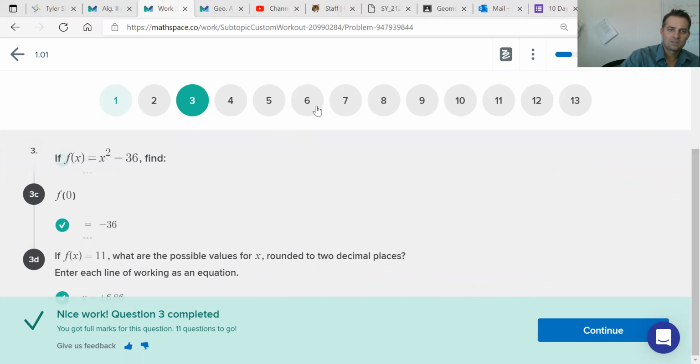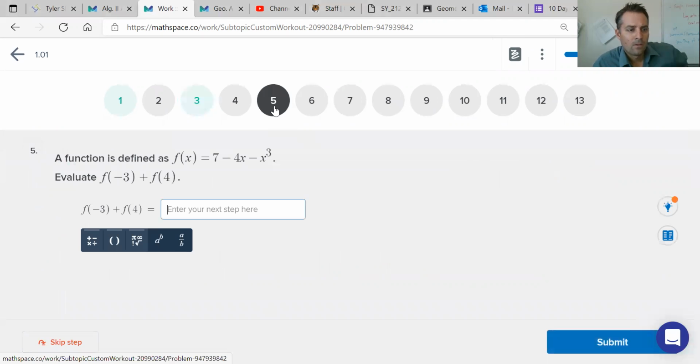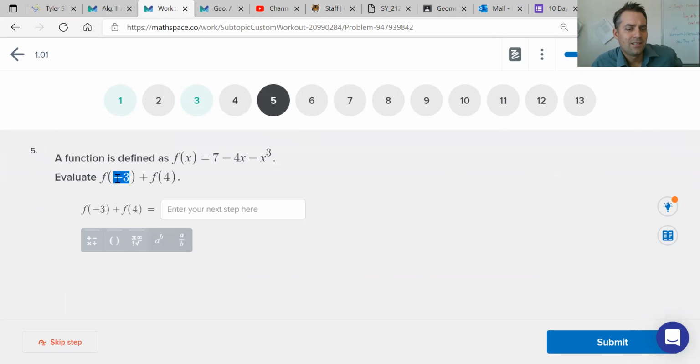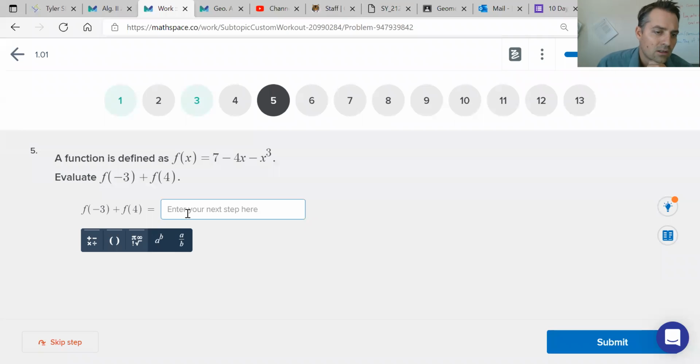Short assignment. Let's keep plowing through. Okay, they want us to evaluate when I plug in -3 and then add that to plugging in 4. So again, this one will take a few steps. In fact, I think I'm just going to do this on the computer because it takes a few steps. Okay, -3.